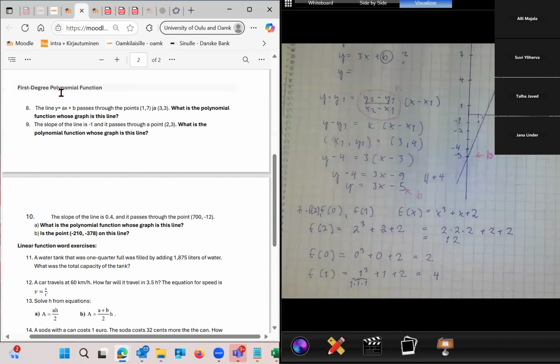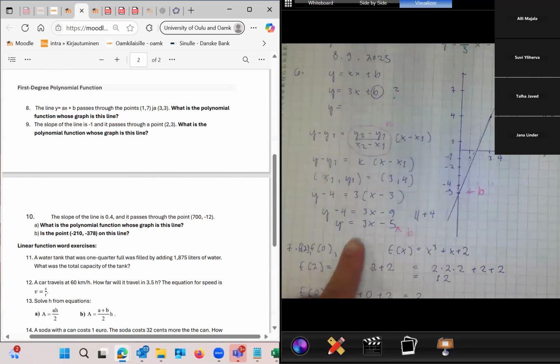So here we talk about the polynomial function. This is again exactly the same exercise, the polynomial function whose graph is this line. There are many ways of doing it, but don't ever draw it, just calculate. And then when you get something out of it, for example, here I got the polynomial function.